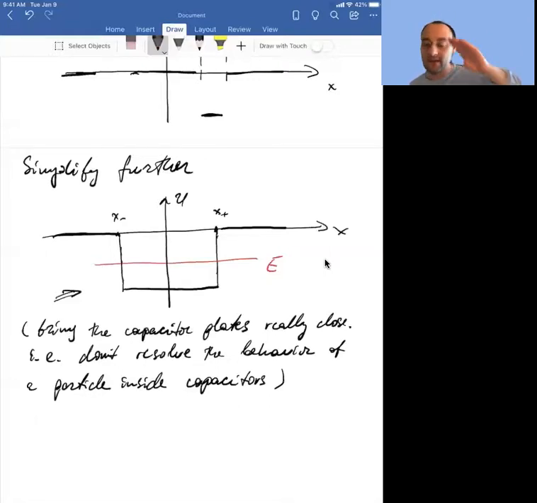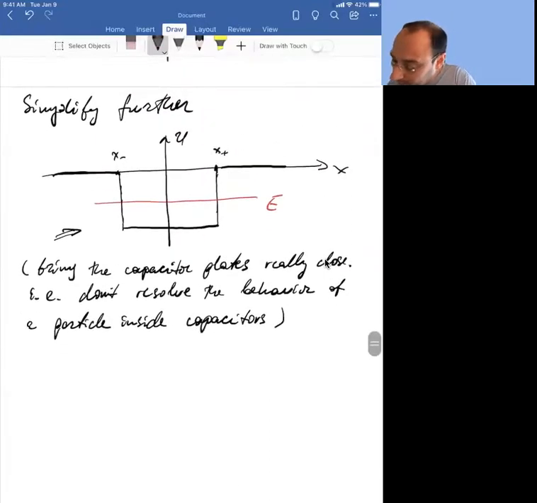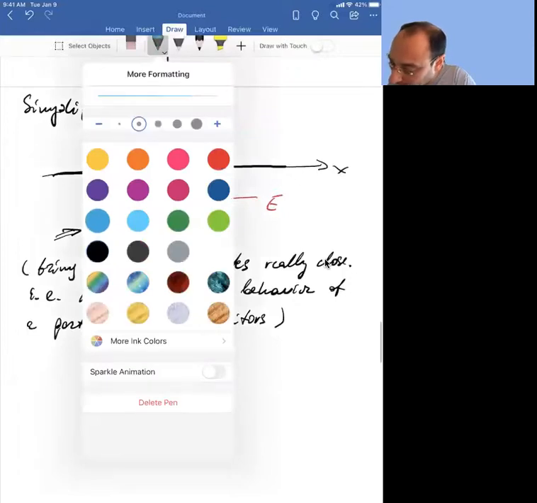It's an art because you have to know how to dispense of non-essential details and keep the most essential details so you capture the essence of the problem. The essence is still here. You still have a particle trapped in between two points. So this is called a finite well problem.